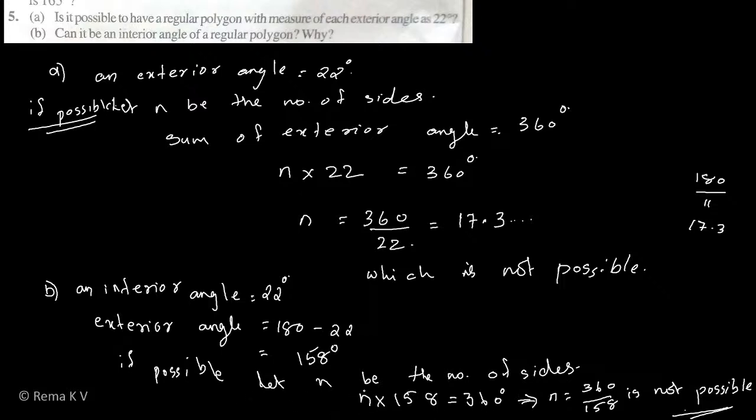Then there are n angles, each of measure 158. So the total measure is n into 158, which is equal to 360. Sum of the exterior angles is given as 360 degree. So n is equal to 360 by 158, which is not possible. I hope it is clear to you.